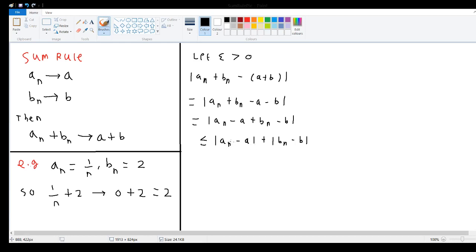Now what can we do? Well, this is quite useful because we have a_n minus a and b_n minus b, and we know that a and b are the limits of these two sequences respectively. So what can we do here?